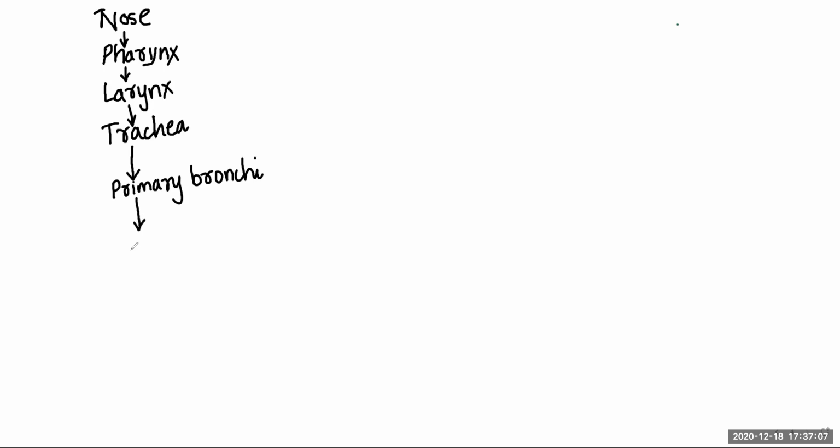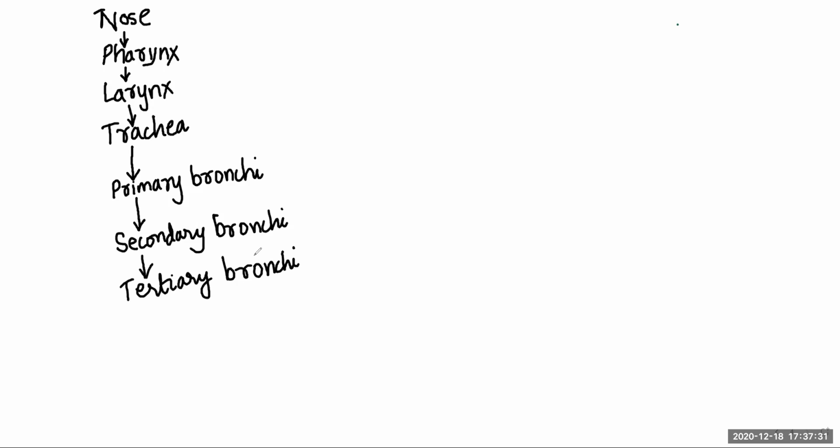Then the primary bronchi within every lung, so one goes to the right primary bronchus and the left. Then there is secondary bronchi. Then there are tertiary bronchi. And this bronchi will further break down into smaller branches called terminal bronchioles.